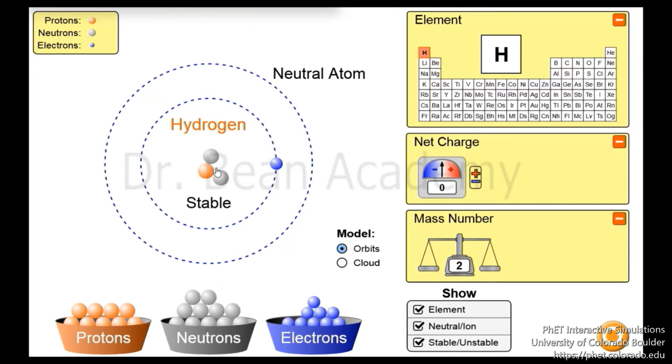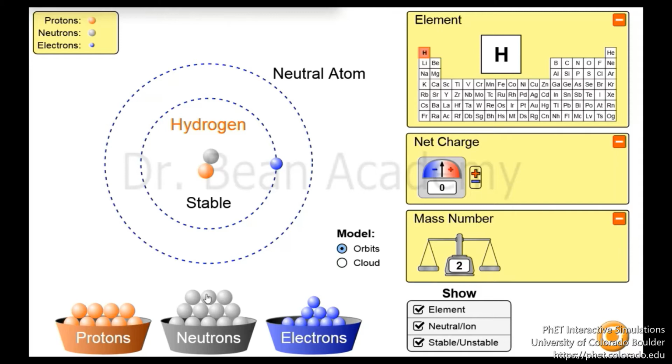If I add one more neutron, it is unstable, but it says it is still hydrogen. So how do we differentiate them? This one is the natural hydrogen atom, and when I add one neutron, it is an isotope of hydrogen, and we call it deuterium. Deuterium is hydrogen but with one extra neutron.